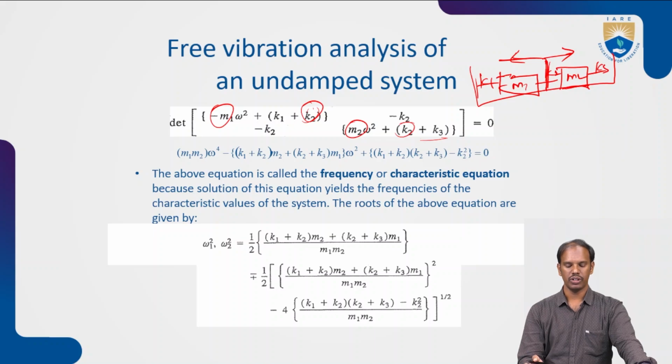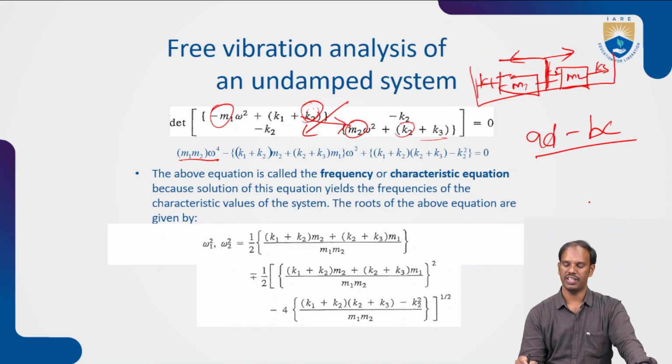So this equation we can write in terms of the determinant equation. It will come to the power of 4. So m1 and m2 are cross multiplied, AD minus BC. Once the multiplication is done, it will be m1 into m2 into omega to the power of 4, minus (k1 plus k2) into m2 plus (k2 plus k3) into m1, which comes under omega square.